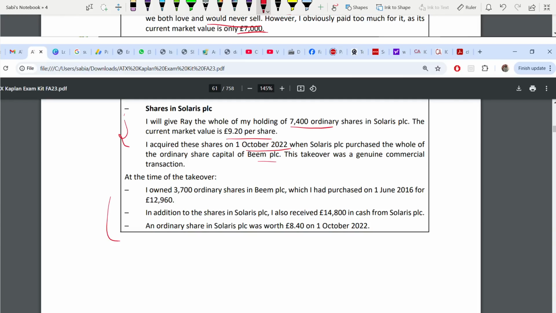At the time of takeover, 3,700 shares were owned, purchased for this price. They also received 14,000 in cash, so they received partly shares and partly cash. The ordinary share was worth 8.4 on this date.